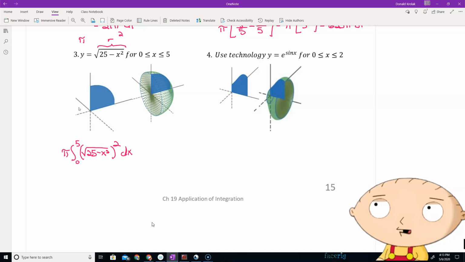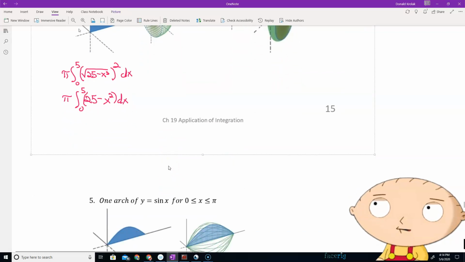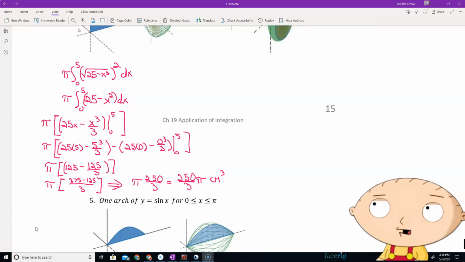Now, conveniently, that square and square root undo each other, which turns this into 25 minus x squared dx. And now I integrate and evaluate. And there you have it, for a grand total of 250 over 3 pi centimeters cubed.